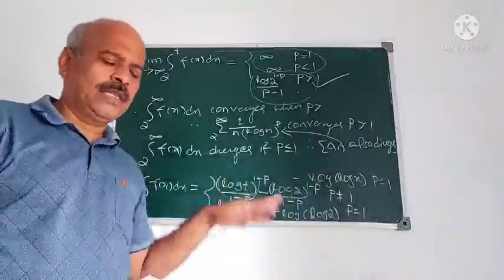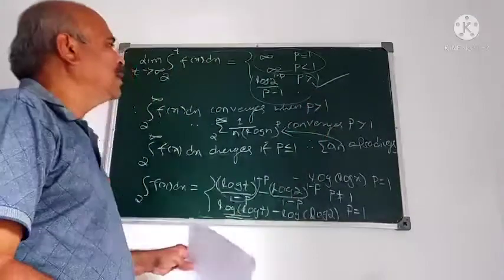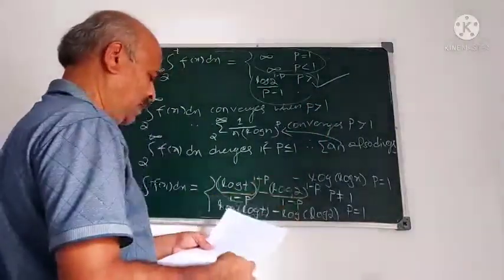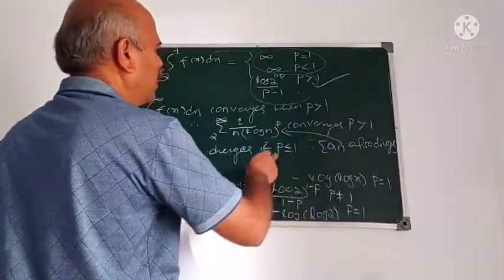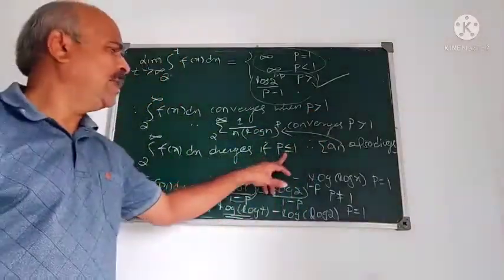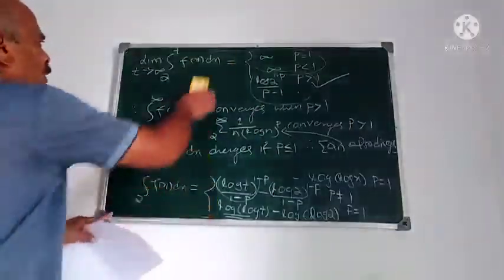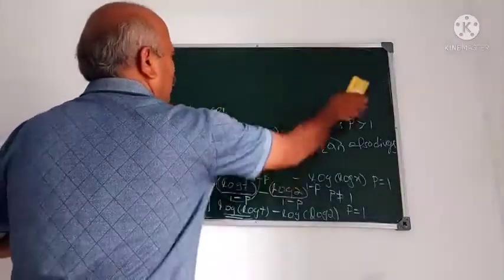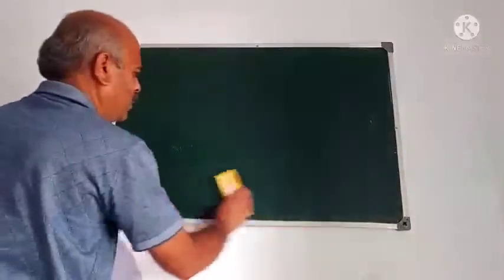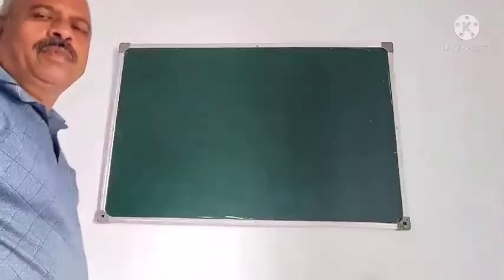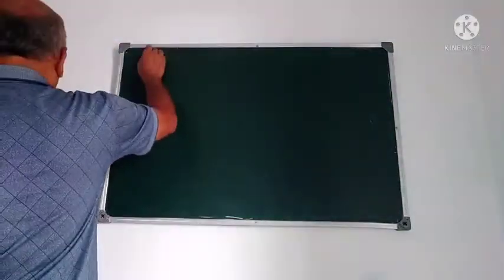So the given series converges if p is greater than 1 and diverges if p is less than or equal to 1. You follow now? So in Cauchy's integral test, convergence or divergence depends on the improper integral, and you know how to test the convergence of an improper integral. I think the first problem is clear for all of you.